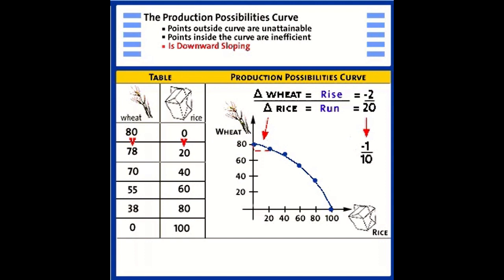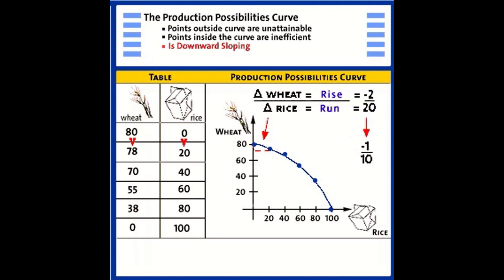As we move between these 2 points, each additional bushel of rice that we produce is costing us 1/10 of a bushel of wheat, on average. The slope of the production possibility frontier is the opportunity cost of rice production, measured in terms of wheat given up.